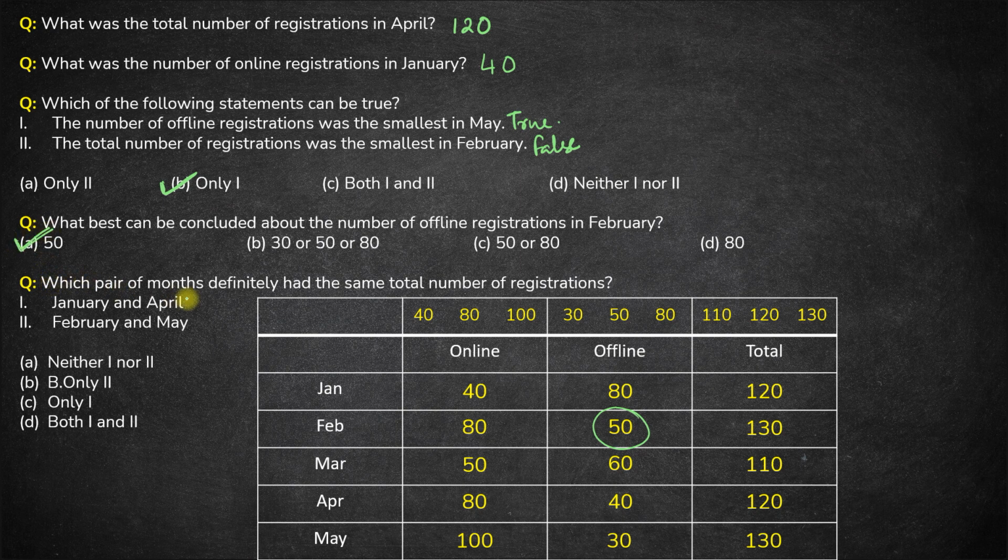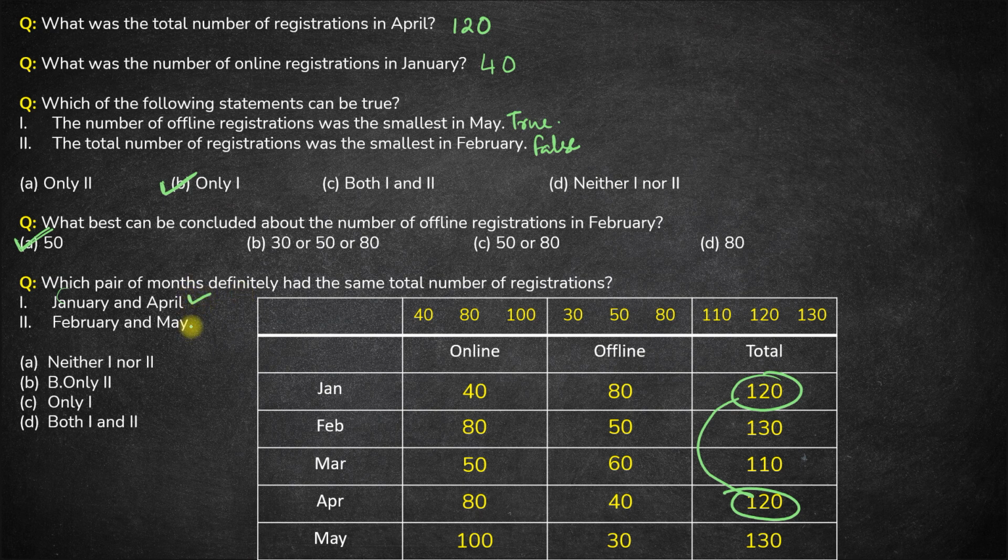Next question, which pair of months definitely had the same total number of registrations? Is it January, February, or is it February, May? Let's look at January and April. This pair of months has the same number of total registrations.